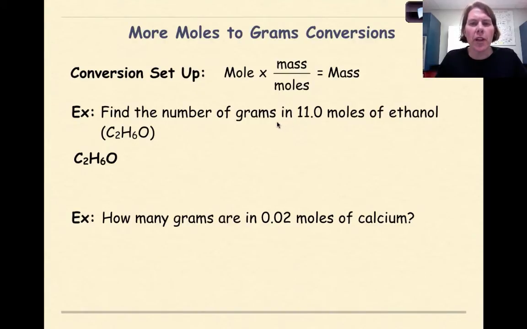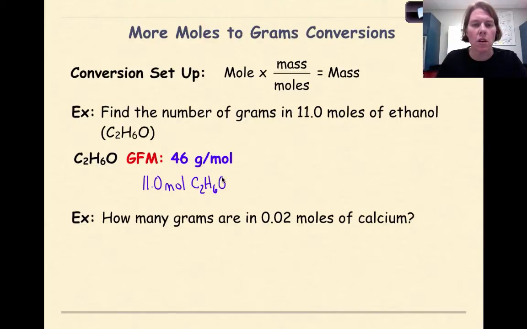So find the number of grams in 11 moles of ethanol. And here's our formula for ethanol right here, C2H6O. And the gram formula mass for ethanol is 46 grams per 1 mole. So we're going to start out by writing out our given, 11.0 moles of ethanol, C2H6O, multiplication sign and a line.